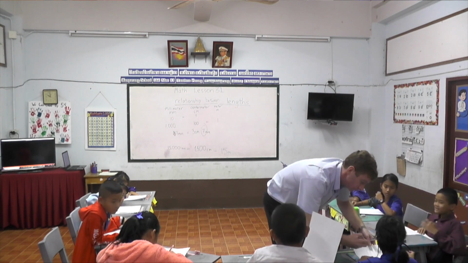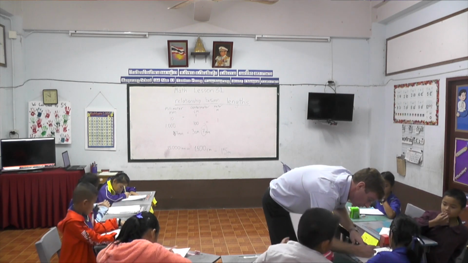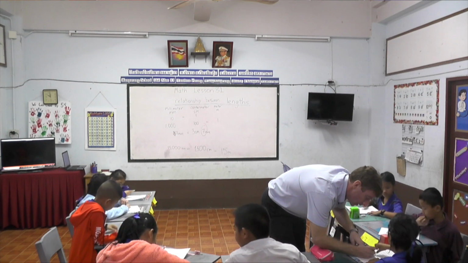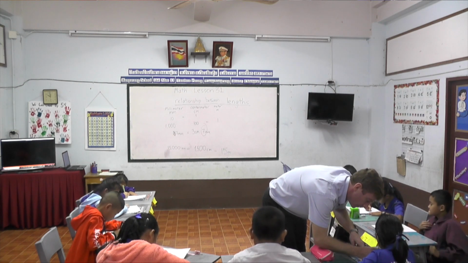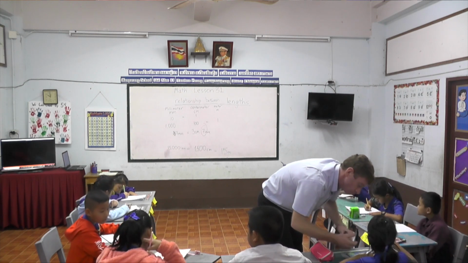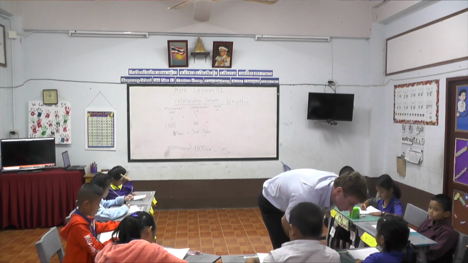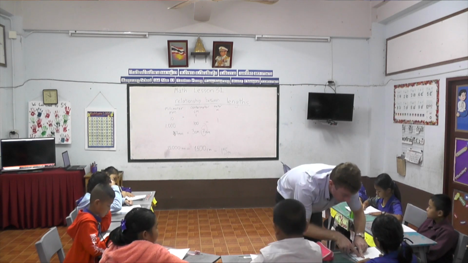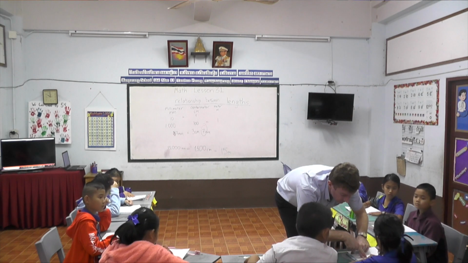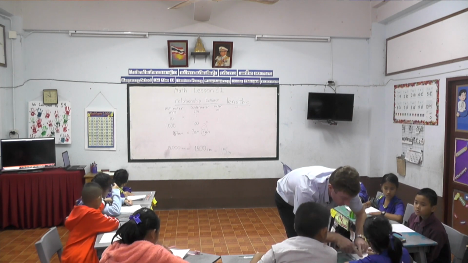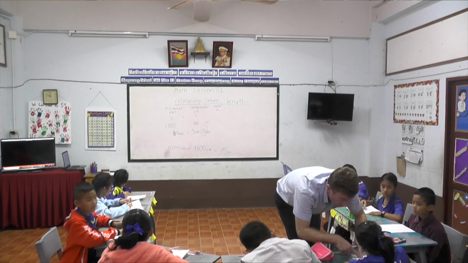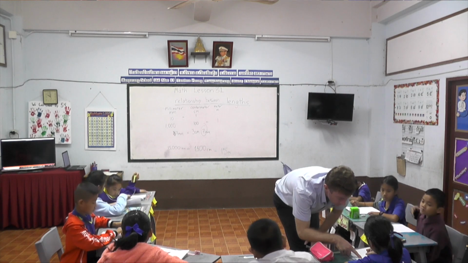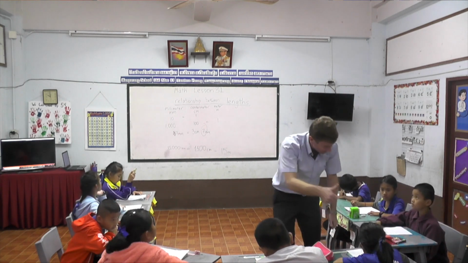You see? 25. And then this is 190 millimeters. So we've done this one now. 25,000 millimeters, 25 meters. So now you have 190 millimeters. How many centimeters? 19, exactly.